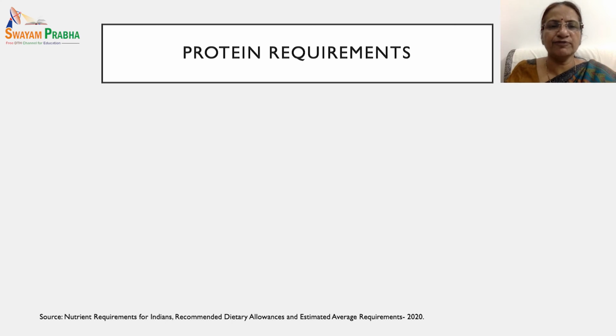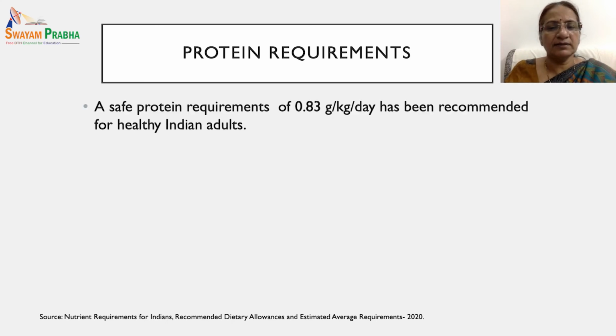Now, requirements of proteins. As per the recommended dietary allowances of 2020, a safe protein requirement of 0.83 grams per kg per day has been recommended for healthy Indian adults.